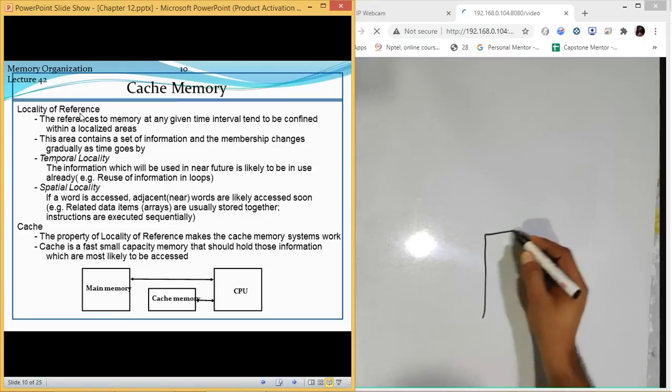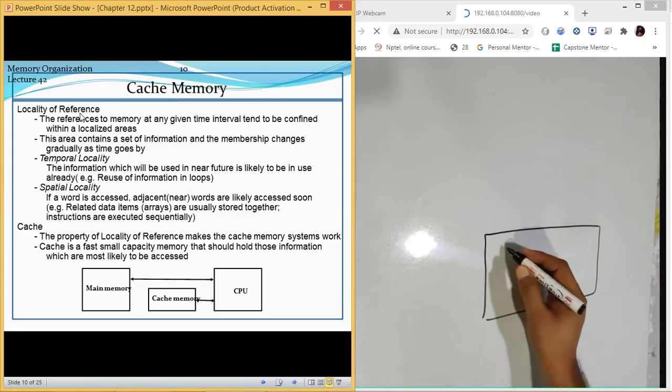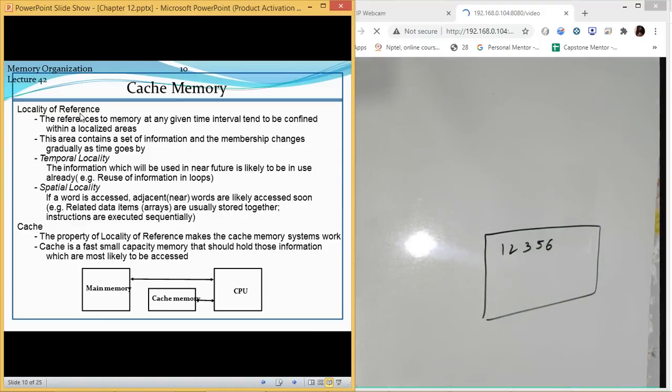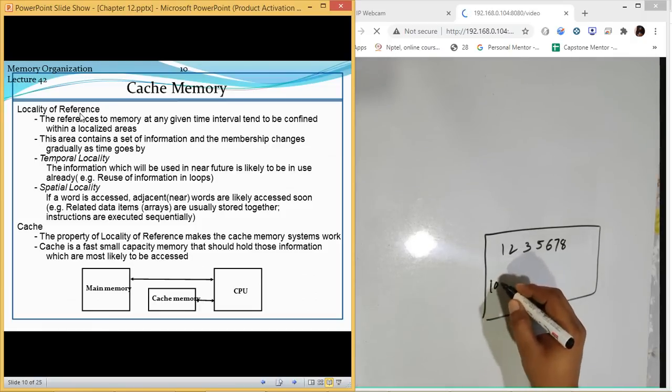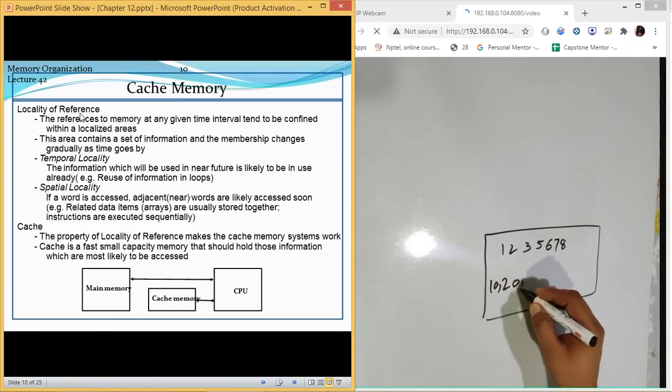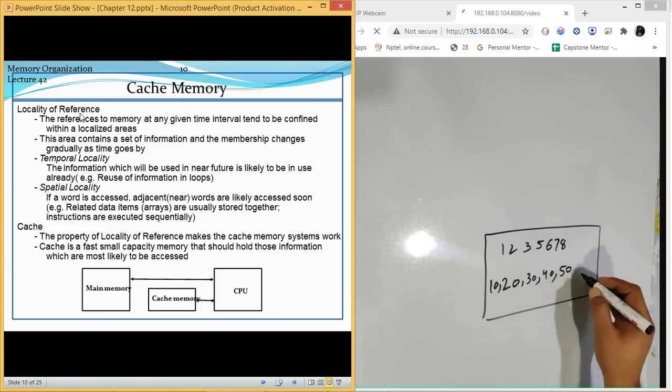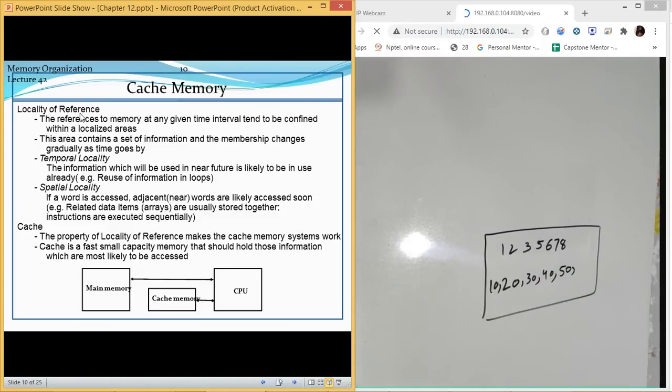If we are using something in a sequence, what will be the next number? 7. After this, the next number will be 8. Similarly, if I'm accessing some data like this, you can easily understand what the next number will be. It will be 60. So what does it say?